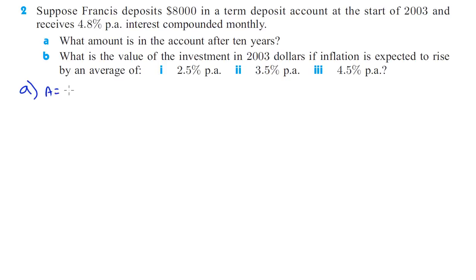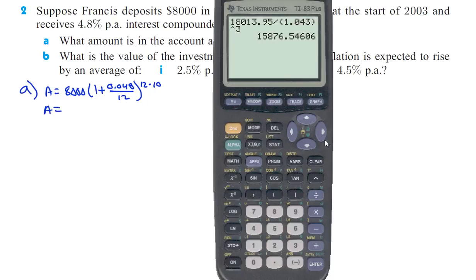So the amount's going to be 8,000 times 1 plus the interest 0.048, and it's compounded monthly. So n is 12. So we've got 1 plus 0.048 over 12, all to the 12 times 10 years, so that's a long time to invest that money. Let's see what it's going to end up at.